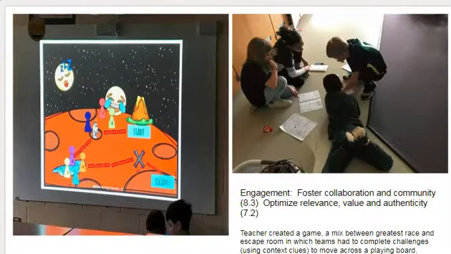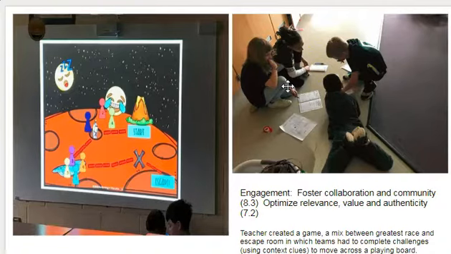And in this example, we have a game board on a smart board, and you can see here that students are working together. When students are working together, that could certainly increase engagement with 8.3, foster collaboration and community.